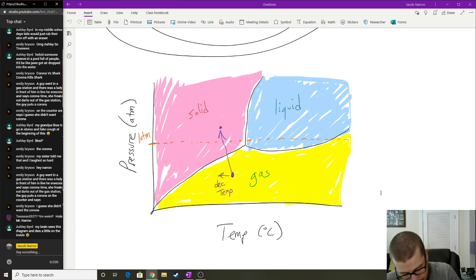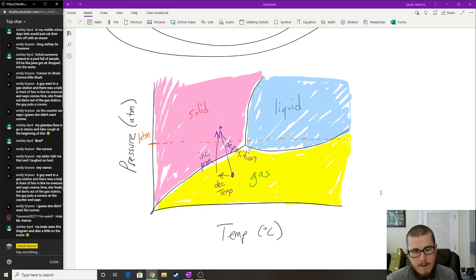And I'm also increasing pressure. I'm doing two things at once. You will probably not have to do two things at once. I'm just doing this for the sake of an example. I'm cooling it off, and I'm adding more pressure. And so as that happens, gas to solid, I taught it to you, deposition is the phase change.